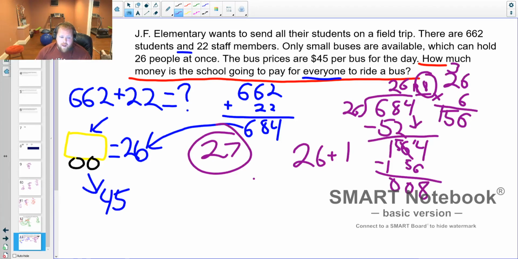So just to recap. Step 1, we found out how many people were going. Step 2, we found out how many buses they needed. Step 3, now we need to see how much the school is going to need to pay for everyone to ride a bus. Each bus is $45. $45 each bus.